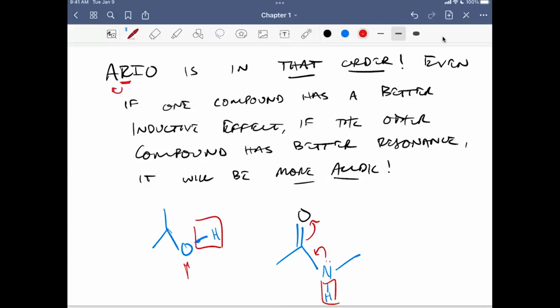If oxygen is bigger than nitrogen, even if nitrogen can resonate, this first structure will be more acidic. And I'll be going through some practice problems in a second on that. So that's a really important thing to note, is that it goes in order of ARIO.